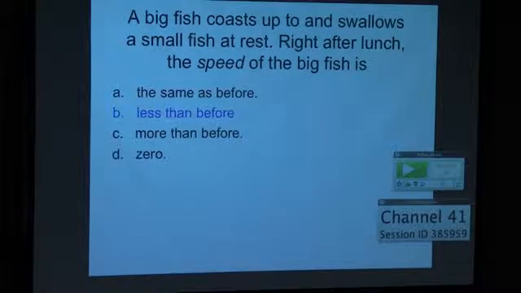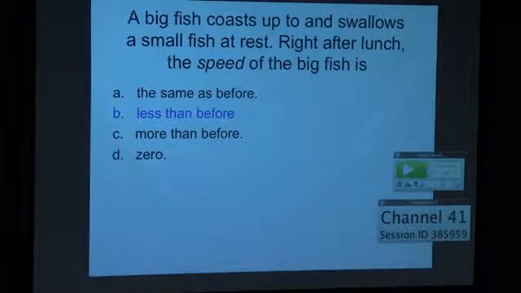Here's the explanation. The big fish, what happened to its mass? It got bigger because it just ate a small fish. The mass has gone up. So what does its speed have to do? Slow down to keep the total momentum the same.